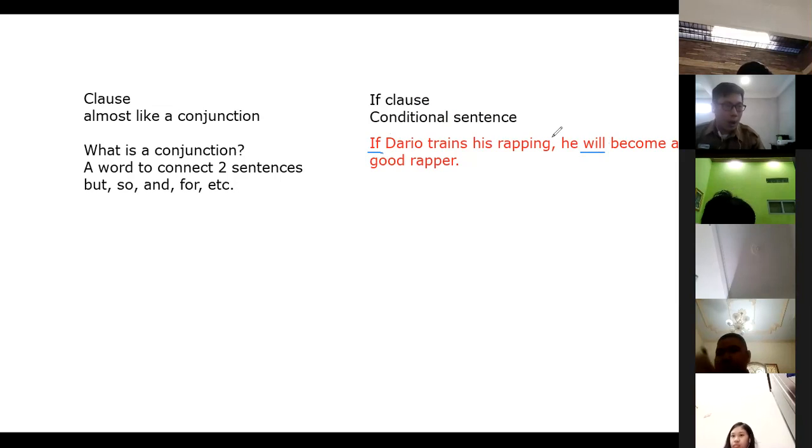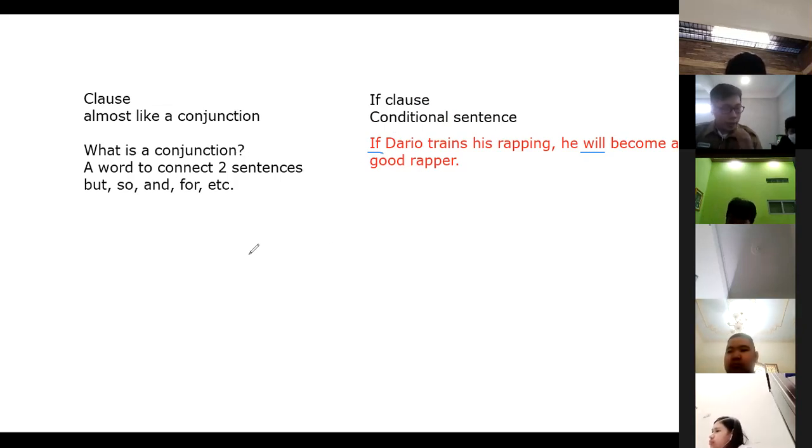We won't talk about the past tense, we won't talk about the perfect tenses, but just remember the word if itself. If blah, blah, blah, will blah, blah, blah.